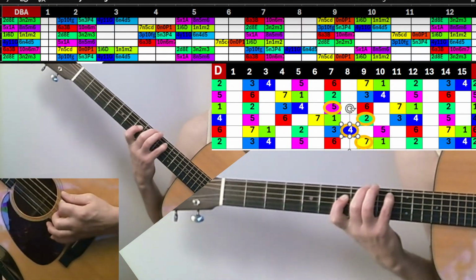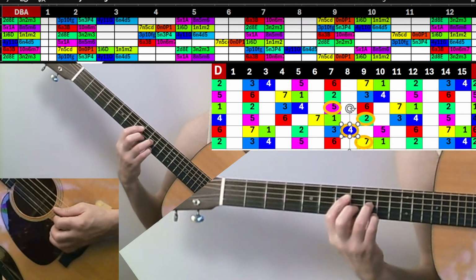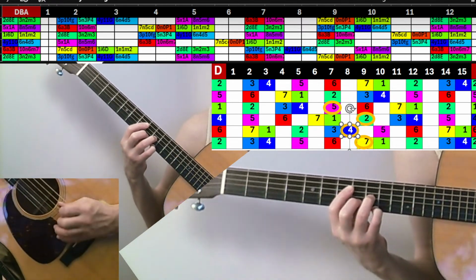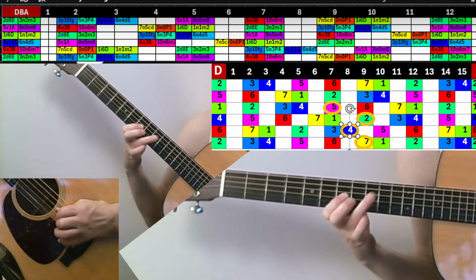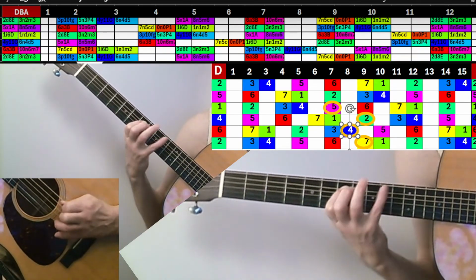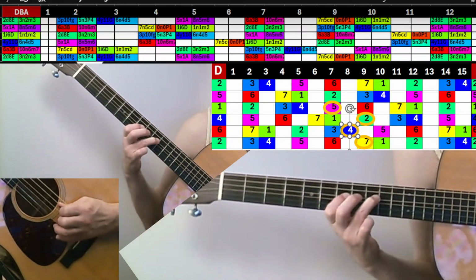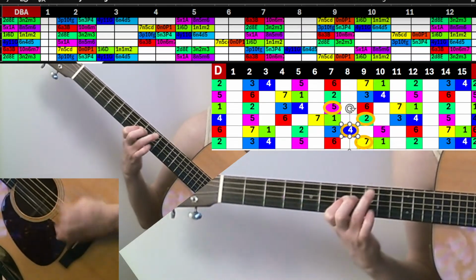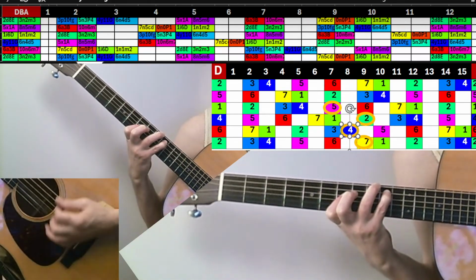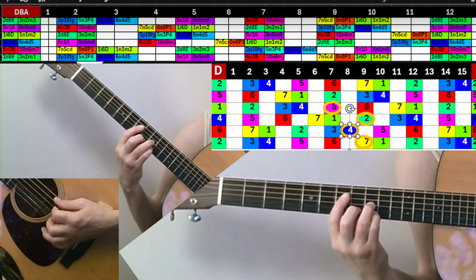So I can play that up here, or I can play that down here in this shape. So I can noodle around in the same shape, do whatever I'm used to doing, but I kind of want to end off or lead to that shape or this shape.